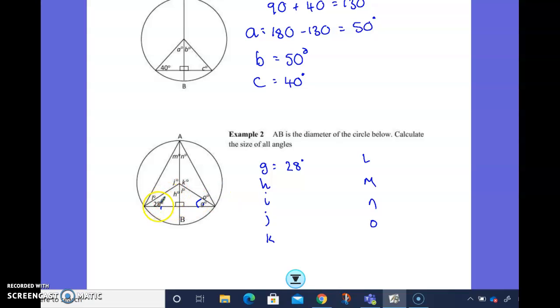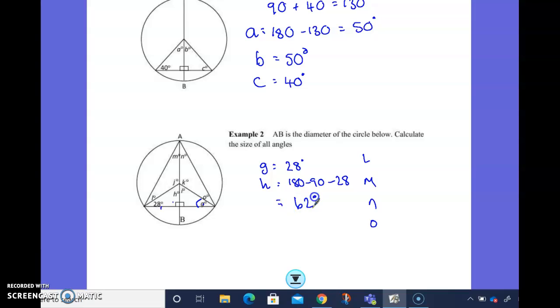H is in a triangle here. So that's 90, that's 28. So 180 minus 90 minus 28. I should give myself more room here. It's a good thing about doing it like this, I can just rub it out. Which would be 90, 90 minus 28 would be 62.